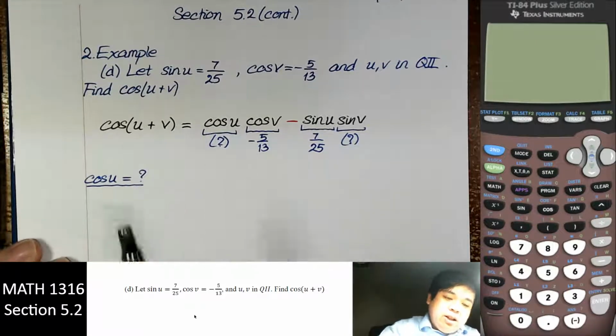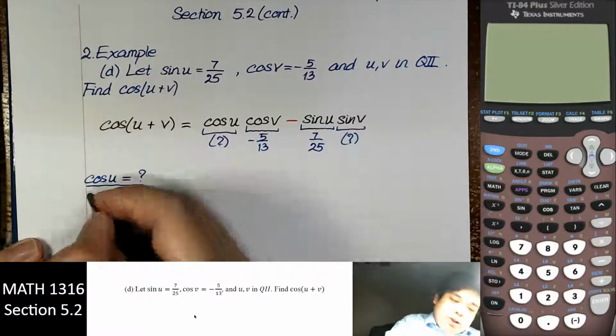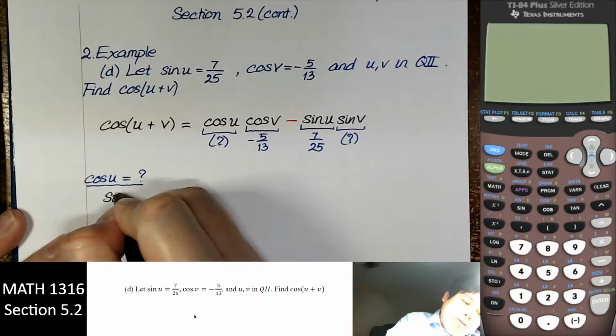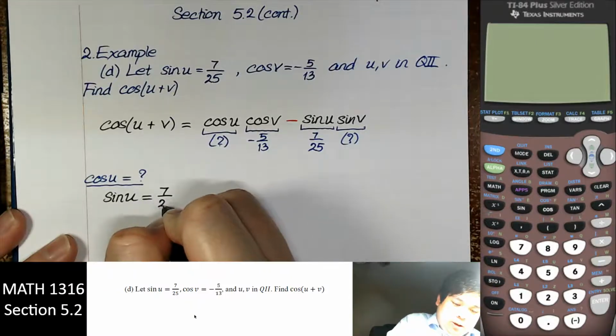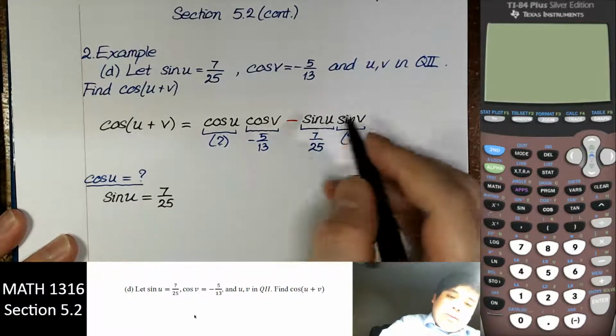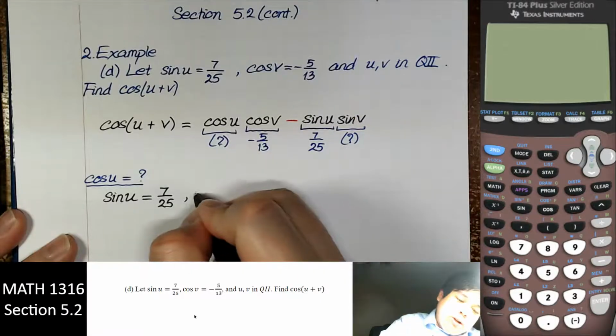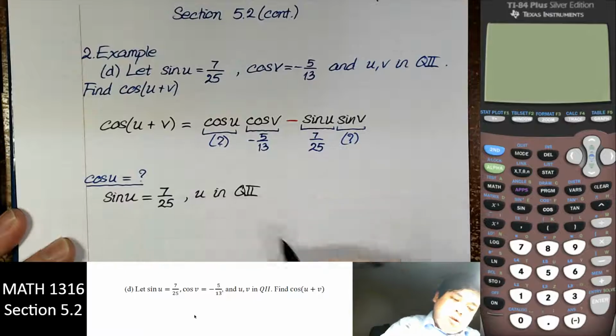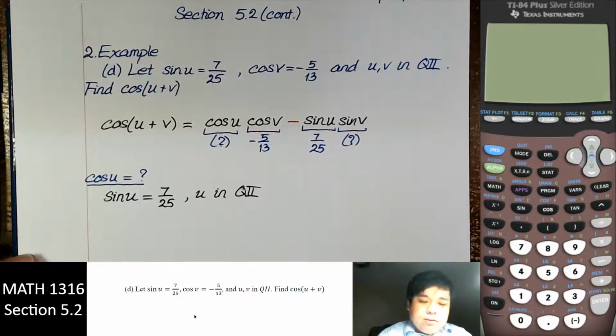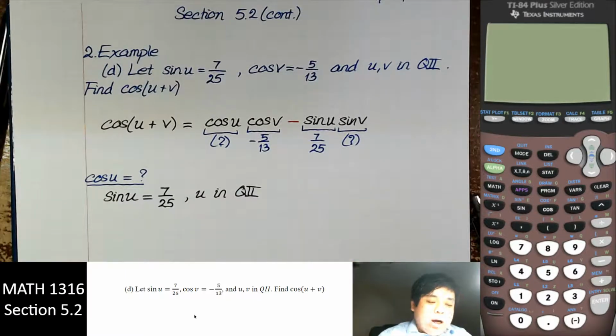What we have is, for u, sine of u is 7 over 25, and u is in quadrant 2. Right, so that's what we are given.